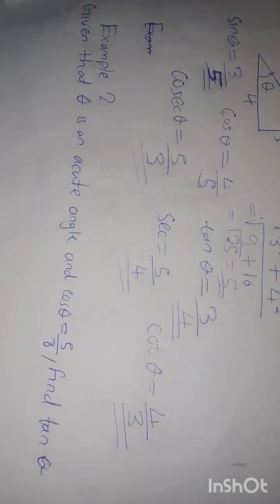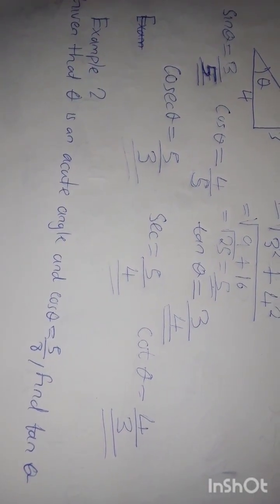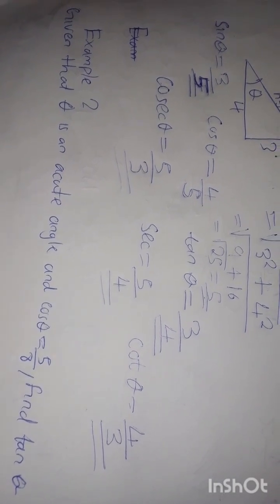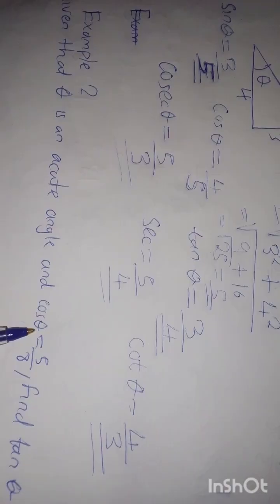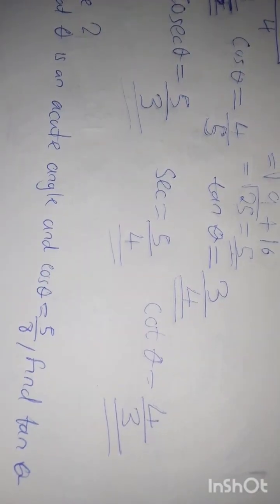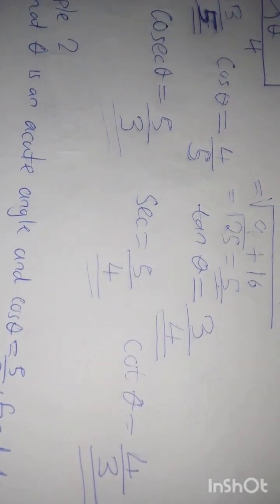An acute angle is an angle between 0 degrees and 90 degrees. So we have been given cos theta equal to 5 over 8. Find tan theta. How will we find this?